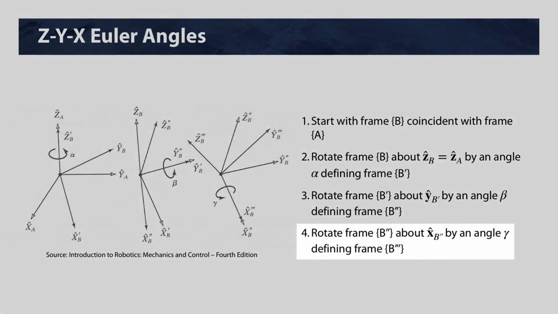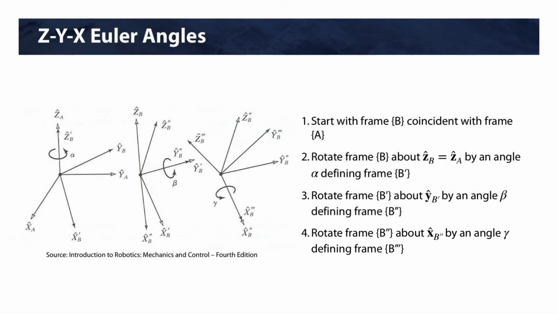And then lastly, we're going to rotate that frame B double prime about our XB double prime axis by some angle gamma to define our final frame, which is B triple prime.